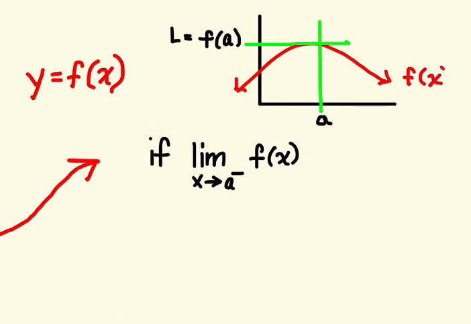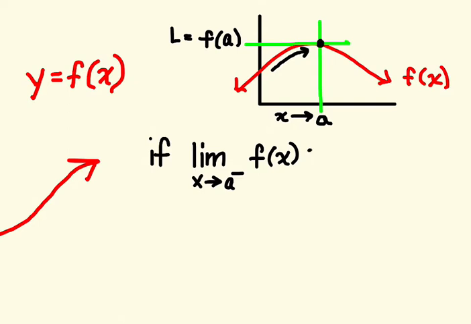So what I'm saying is, if the limit exists as x approaches a from the left, it means if I'm coming in and my x value is, say, right here, and x is moving from the left towards a, then what's going on with my function? Well, as x moves towards a, I'm coming in from the left, and I am approaching a height of f of a, right?